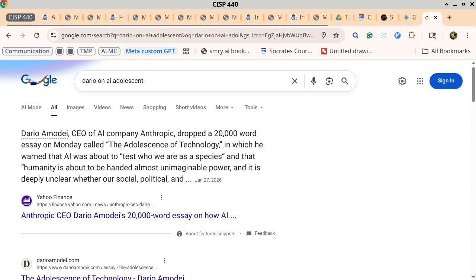In it he warned that AI was about to test who we really are as a species. So it's existential from the human species perspective, and humanity is about to be handed the most unimaginable power, and it is deeply unclear whether our society, political systems, and so on are ready for it or not.